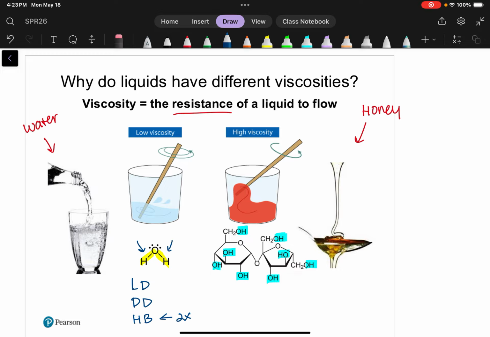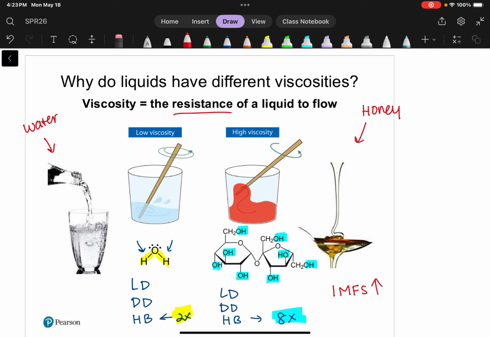So all other things being equal, we have London dispersion, dipole-dipole, and hydrogen bonding, but we have 8 opportunities for that. This is going to be a much stronger amount of intermolecular forces.